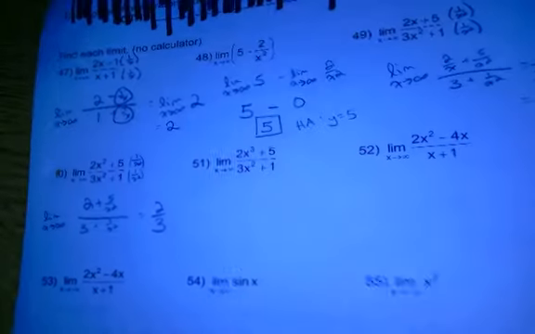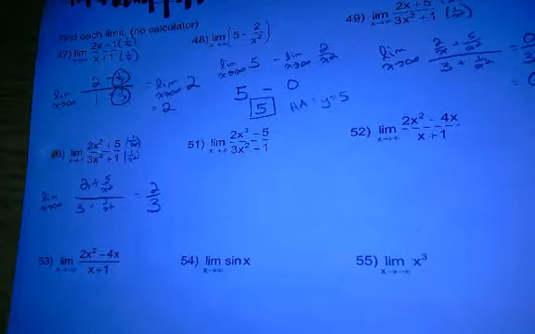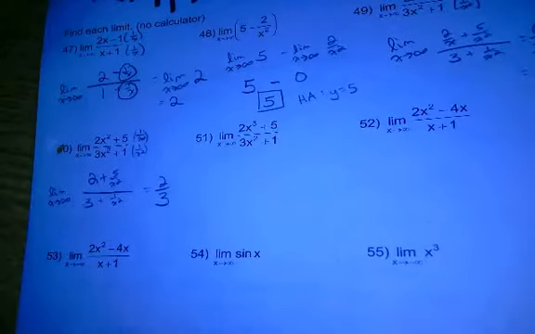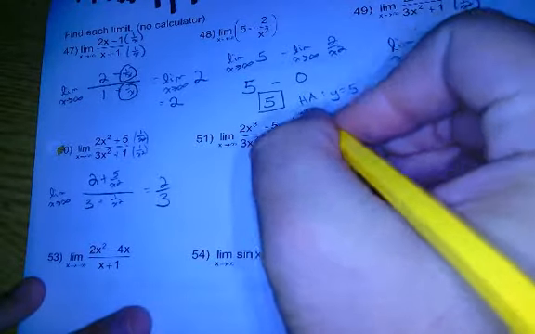All right, 51. If you bobo button 51, what do you get? Let's do it the real way. What's the highest power? x cubed. So multiply by 1 over x cubed.